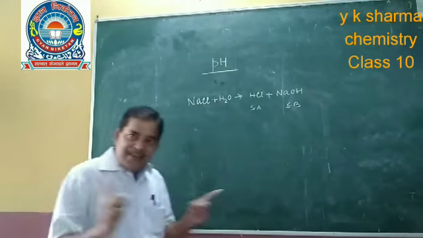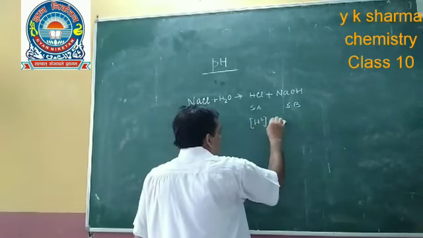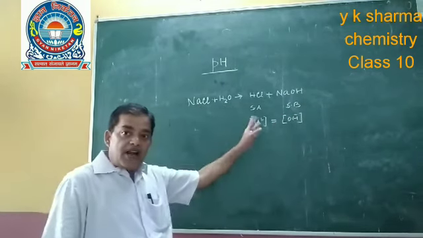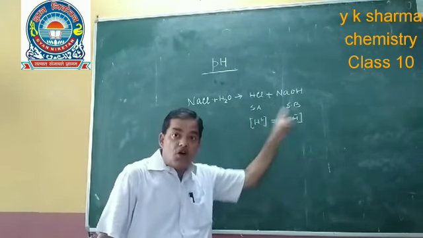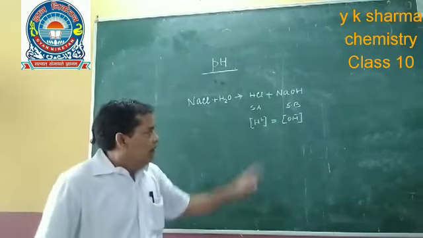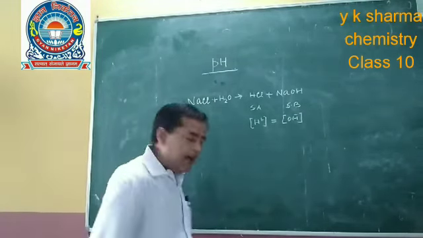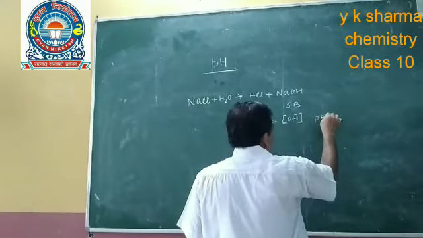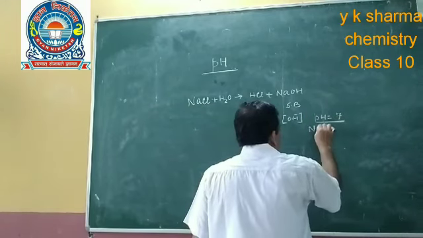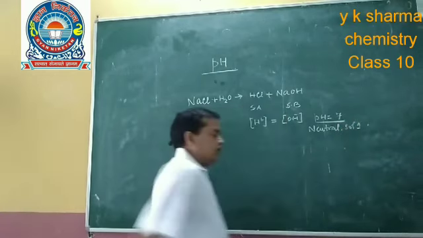In this case, the concentration of H plus ion is equal to the concentration of OH minus ion, because they are both strong acid and base. Hence, the solution will be neutral and the pH will be 7. That is an example of a neutral solution. Okay, it is clear?